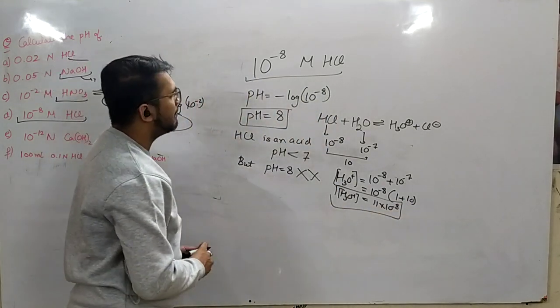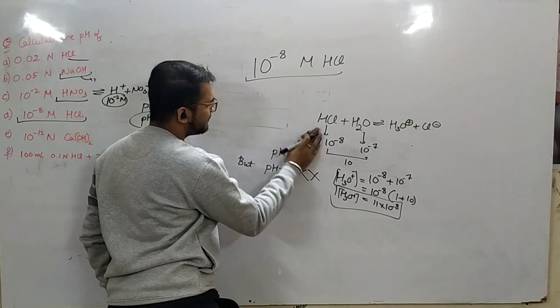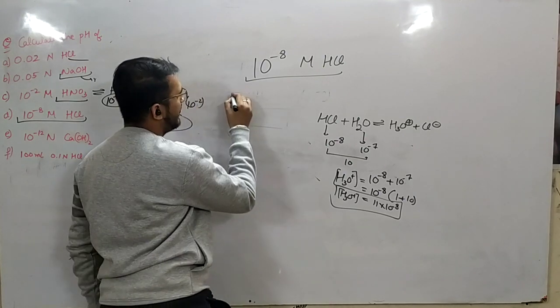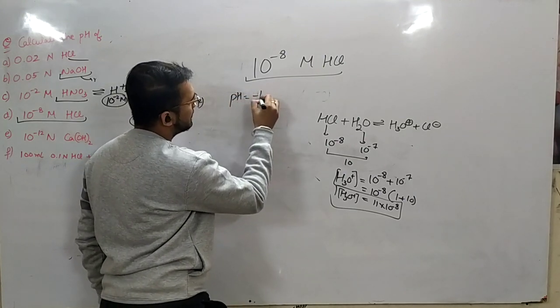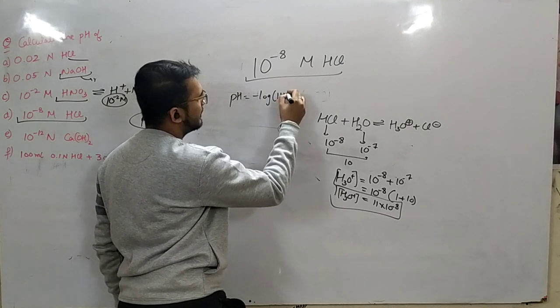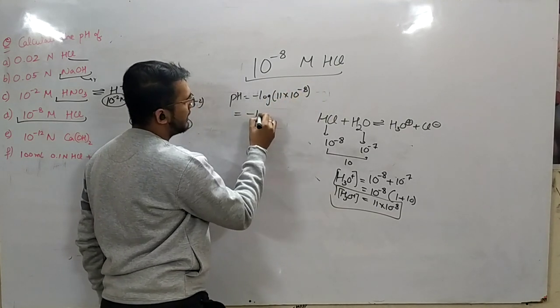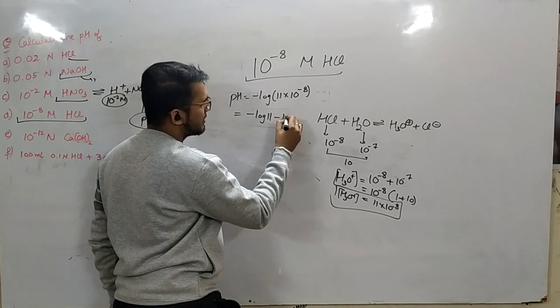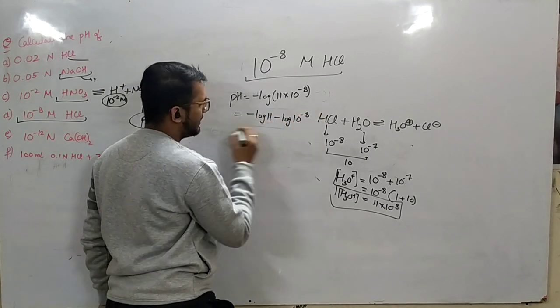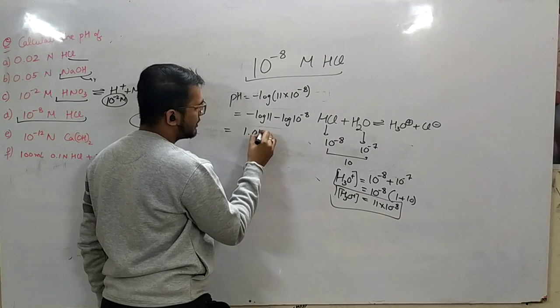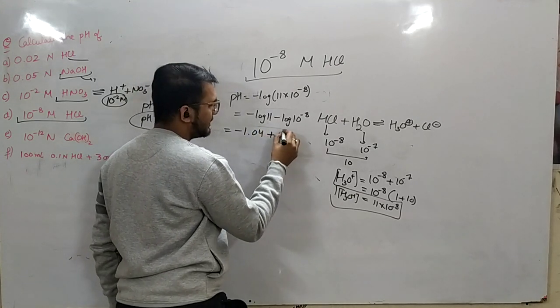And finding that pH, I will get pH is equals to minus log 11 into 10 to the power minus 8. So minus log 11 minus log 10 to the power minus 8, 1.04 plus 8.